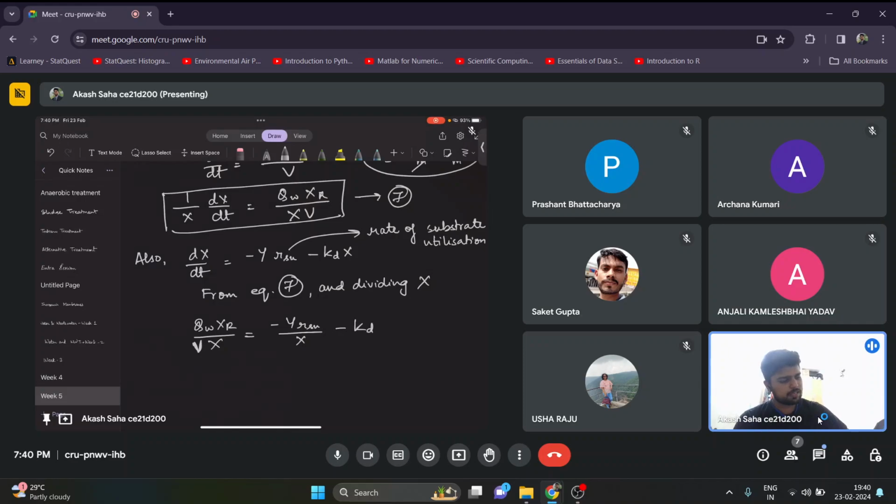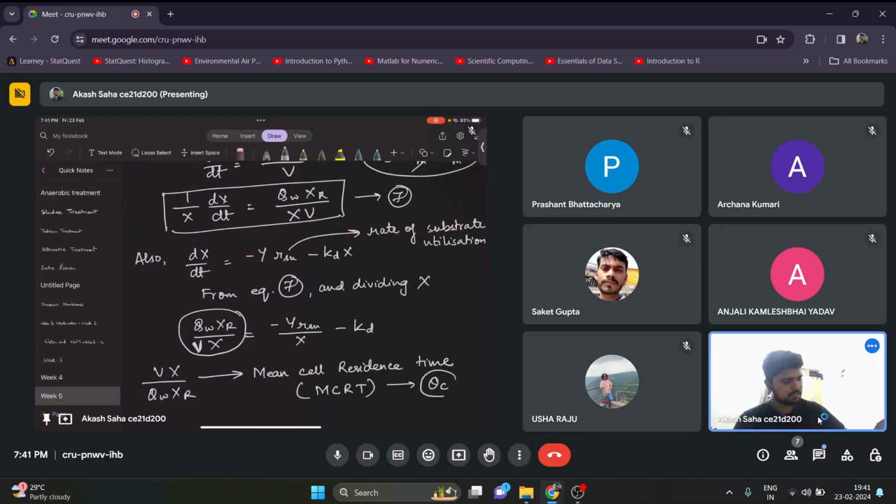So here we are getting a term like this. If we find Vx by Qw into Xr, this is nothing but the mean cell residence time, that is MCRT, or what we call theta c.